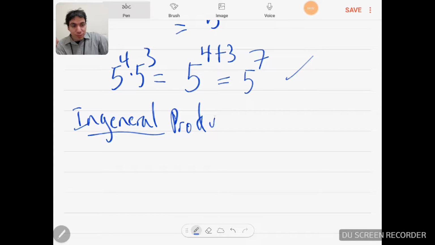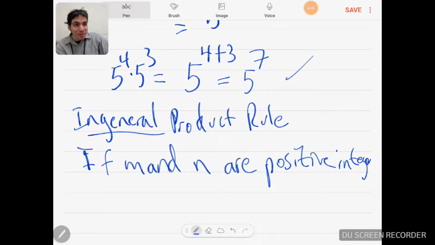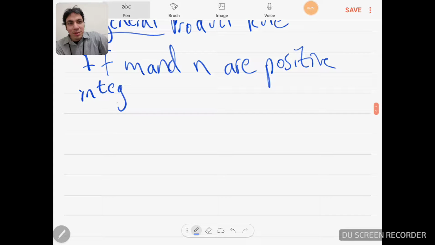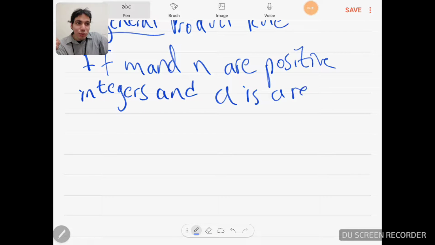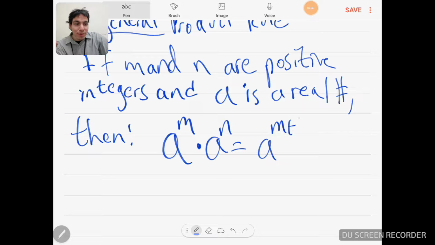This is for the product rule: if m and n are positive integers, and a is a real number, then a to the m times a to the n equals a to the m plus n.